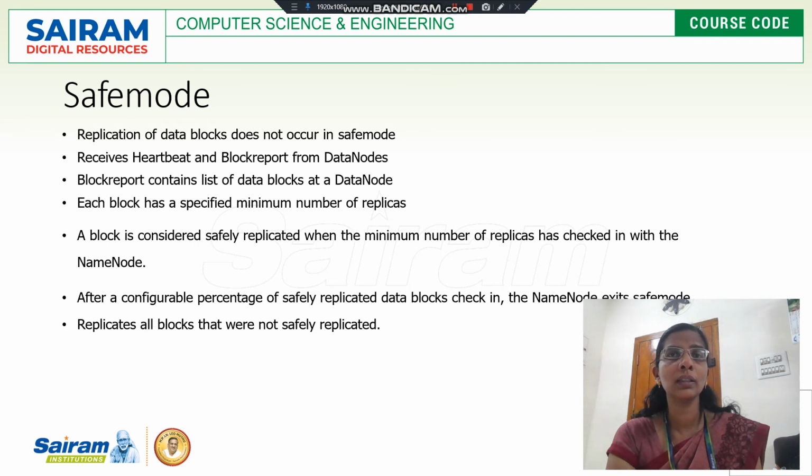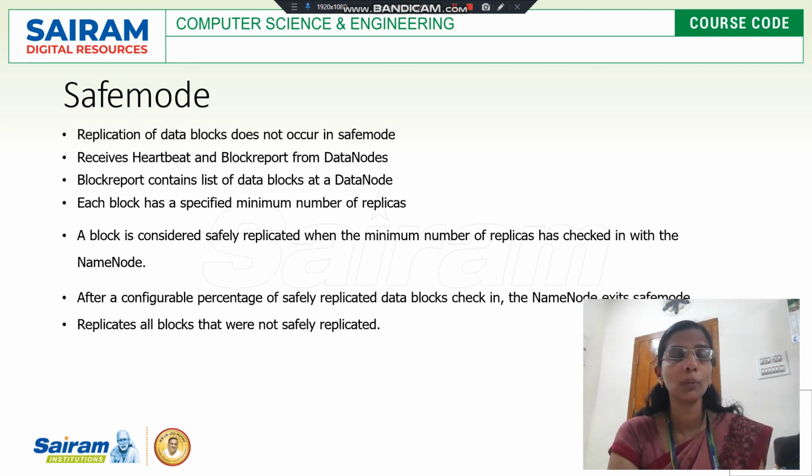If it finds replication is done properly, it will exit safe mode and start doing the other work. If not, first it will complete the replication process, then it will exit safe mode and continue with the other process.